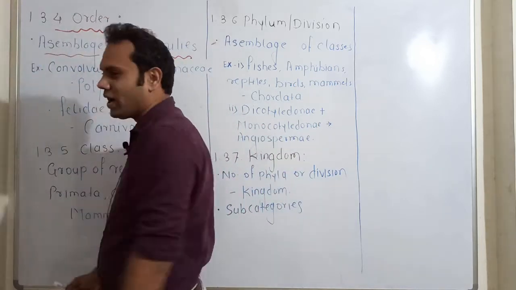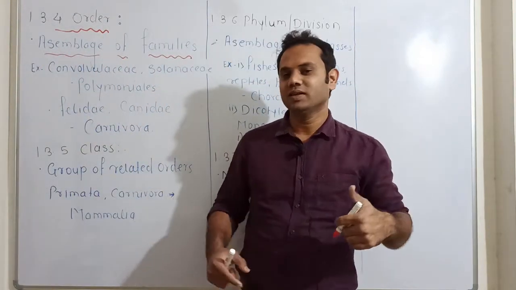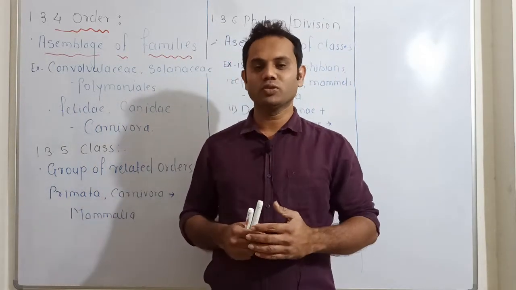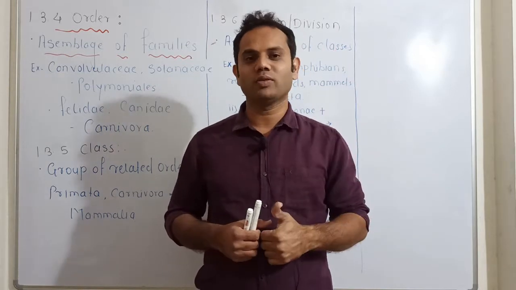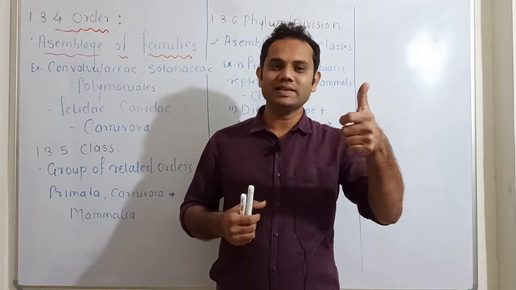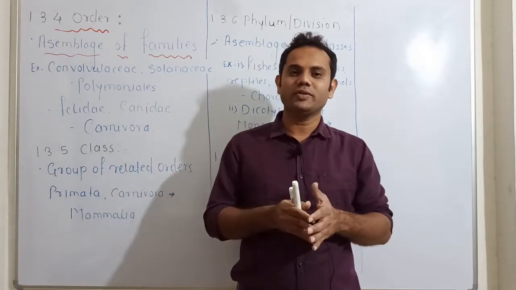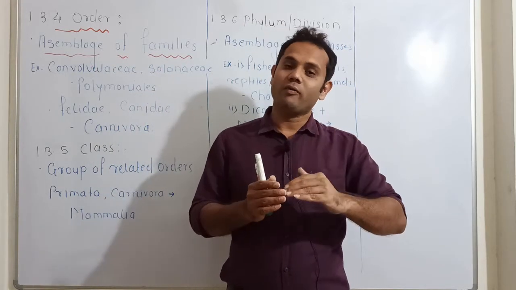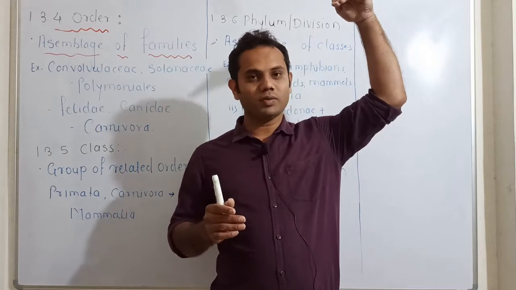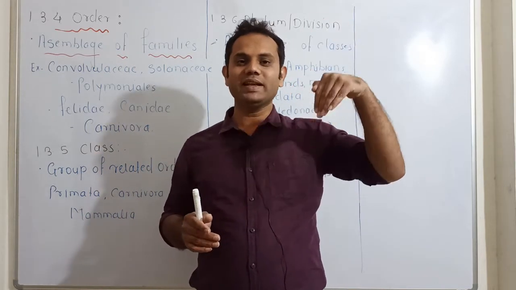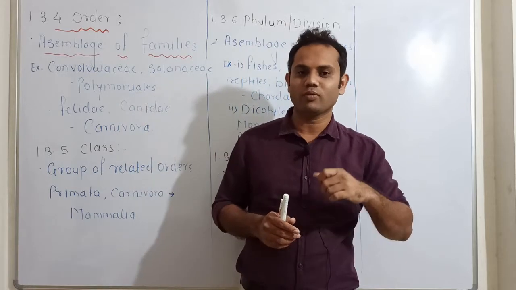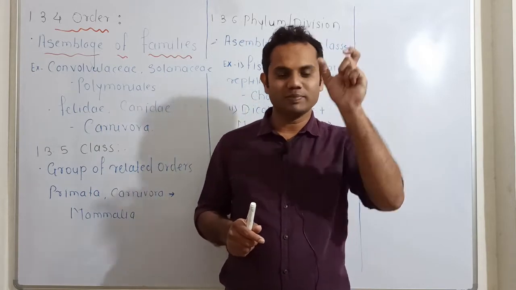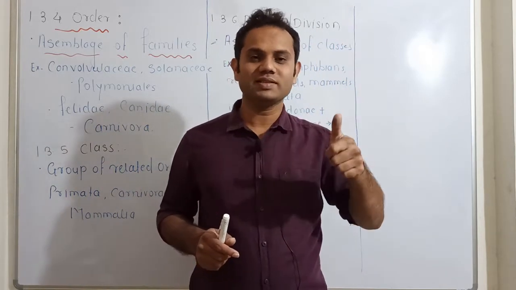As we go higher in the taxonomic hierarchy, what happens here? Always remember, as I have told you in the last video also, as we go higher into the taxonomic hierarchy, the differences among the different individuals or organisms increase, whereas similarity decreases. If we go in the descending order, from upside to down, similarities increase and differences decrease.